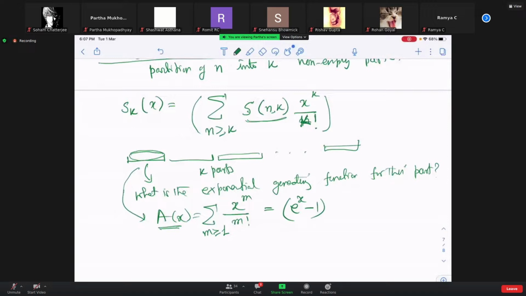So that means your proposed solution could be (e to the power x minus 1) to the power k. There is only one catch. Independently, in the sense that they are constrained to sum to n, right? So k minus 1 might be independent and the last one will be dependent, but that will adjust when I take the total power of x to the power n from here.